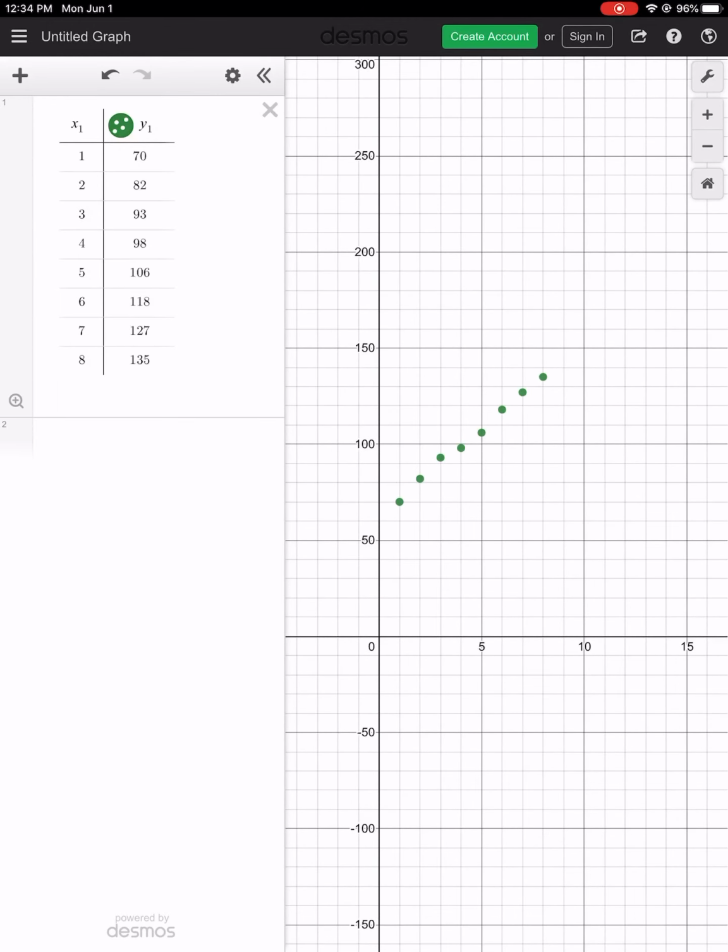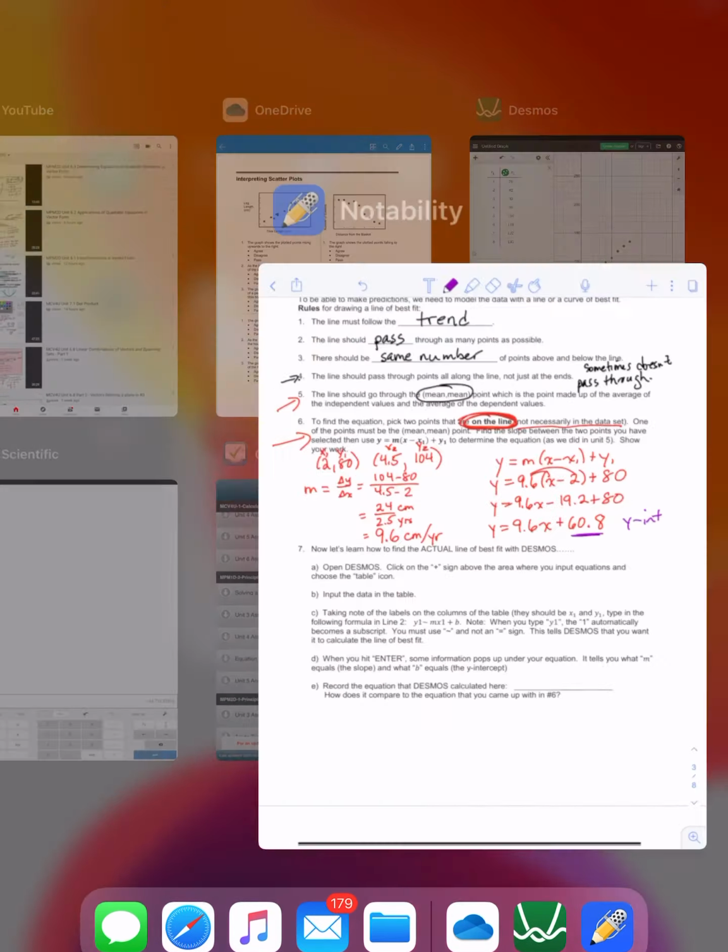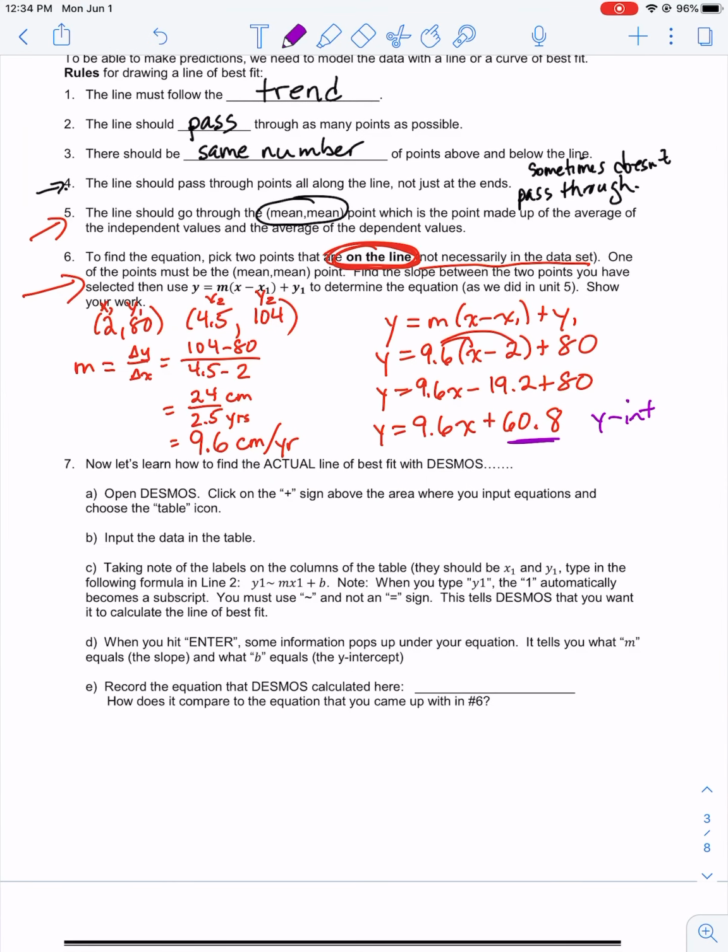Now, what we want to do is a thing called linear regression. I'm going to go back to Notability, and I'm going to call all of this linear regression. Regression is the process of finding an equation that fits the data.